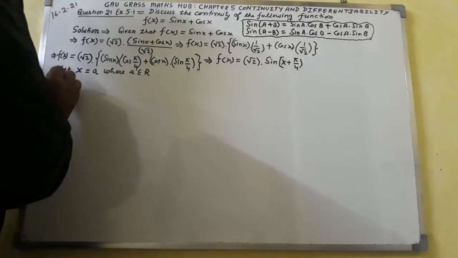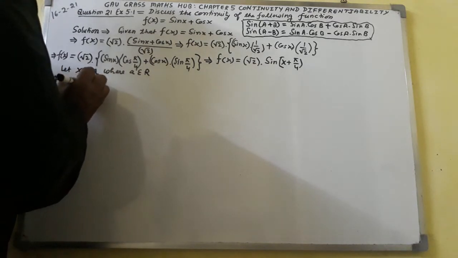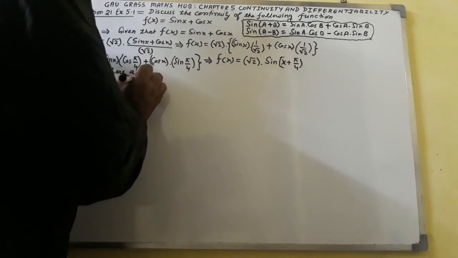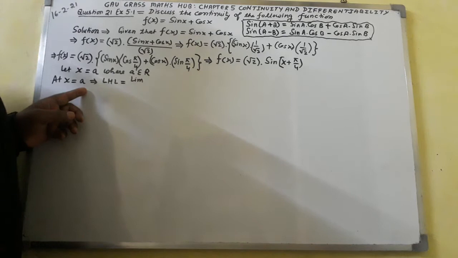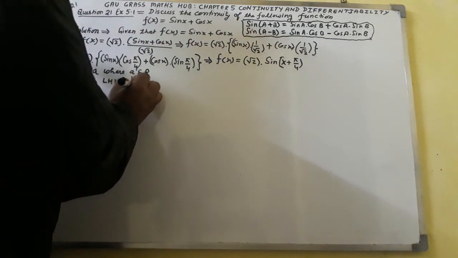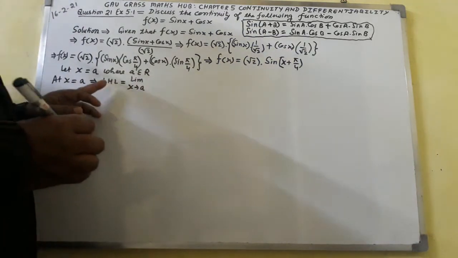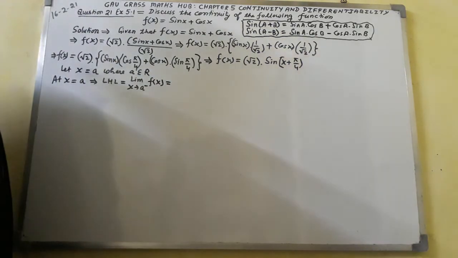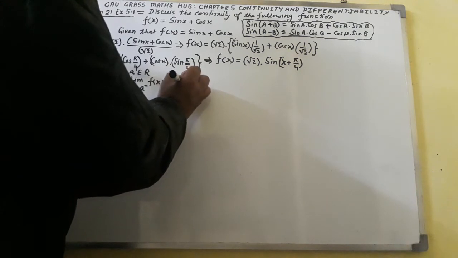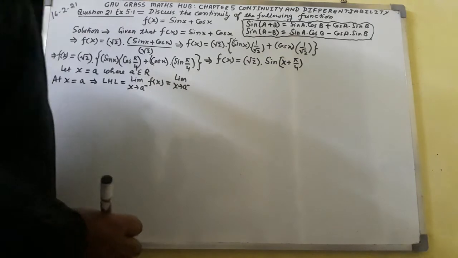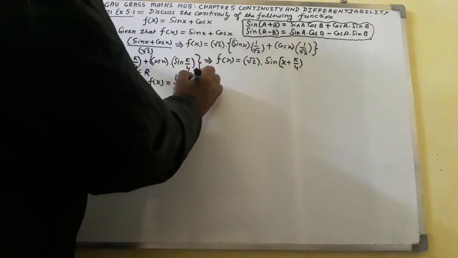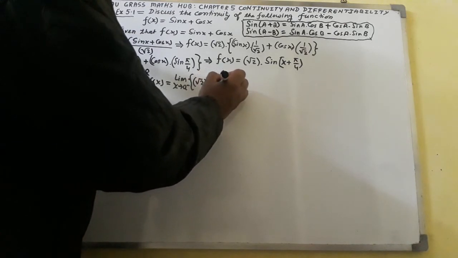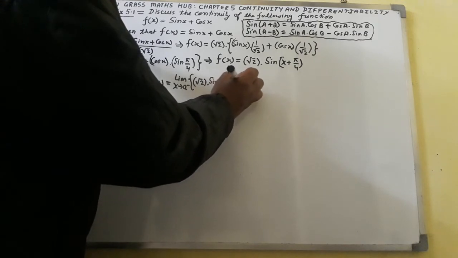At x equal to a, the left hand limit equals limit as x tends to a negative of f of x, which equals limit as x tends to a negative of curly bracket, in bracket under root 2, dot sin x plus pi by 4, curly bracket close.